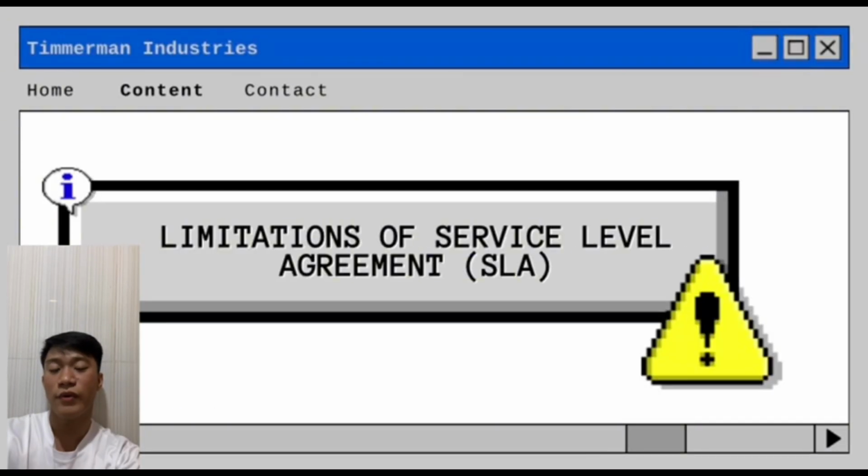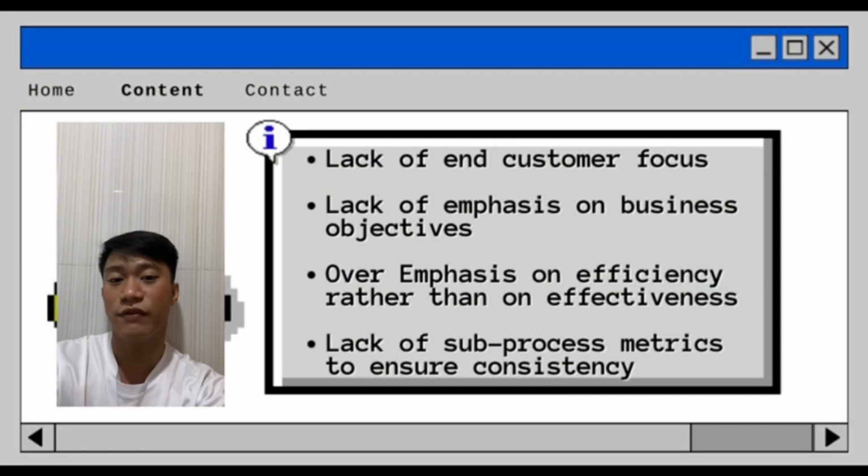On the next slide, we have also the limitations of service level agreement or SLA, and it includes lack of customer and business focus. SLAs might overlook customer needs and business objectives, prioritizing other aspects instead. Second one is a lack of emphasis on business objectives.